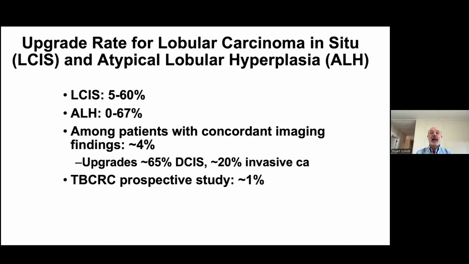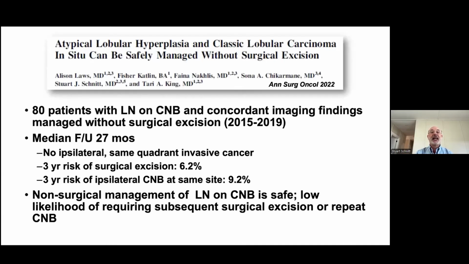It was only about 1% based on central pathology review. So based on these more recent studies in which there's concordant imaging findings, it's felt by our group that ALH and LCIS can probably safely be managed without surgical excision in most patients.